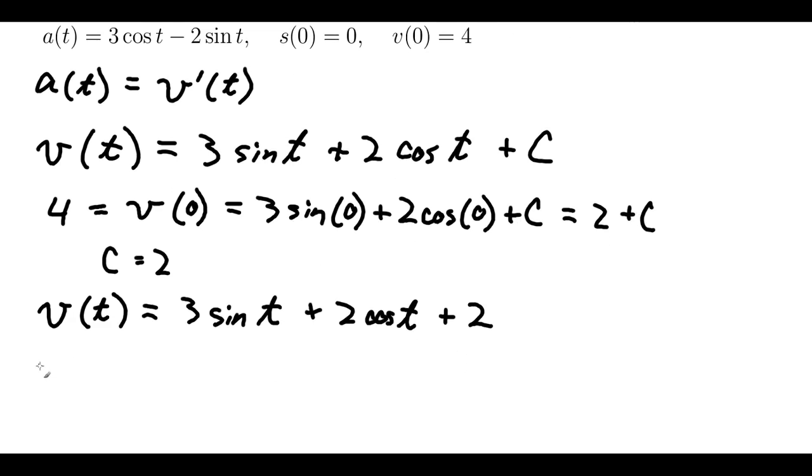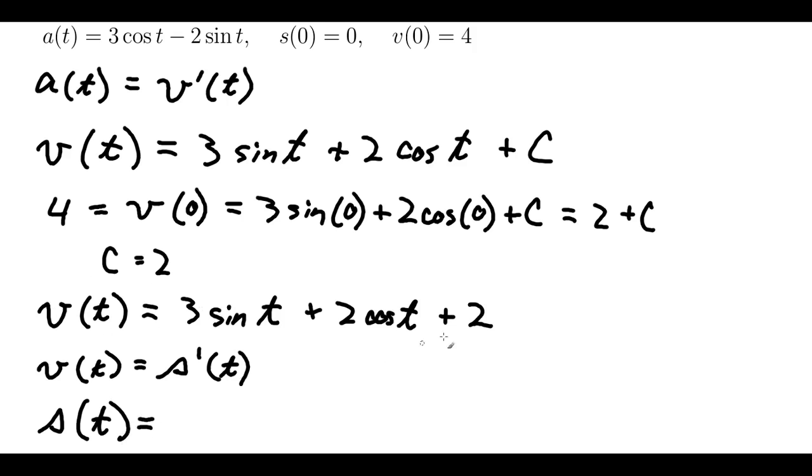We recall that the velocity is equal to the derivative of the position function s of t. Or we could call this x if we want to think about that as a position on an x-axis, but s is commonly used. So that means that the original position function, s of t, must be an antiderivative of the velocity.